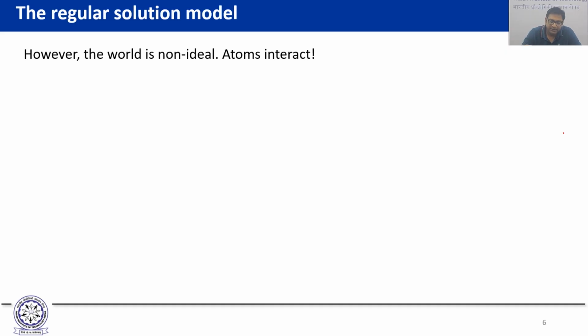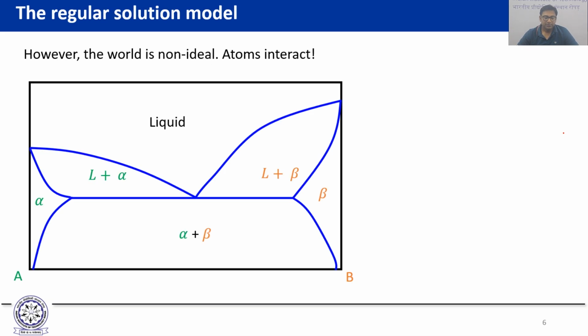Now the ideal solution model is just that, it is idealized, and so we move to a somewhat more realistic scenario, the regular solution model. The world is non-ideal, atoms interact, and therefore we must move beyond the ideal solution model. To understand the regular solution model, let us take the example of a phase diagram.